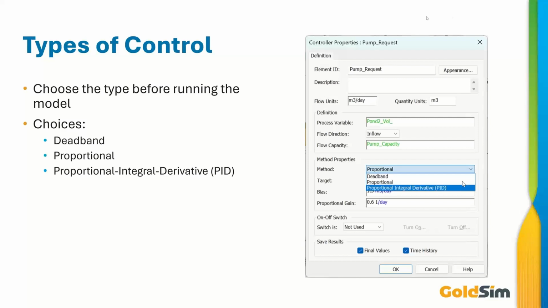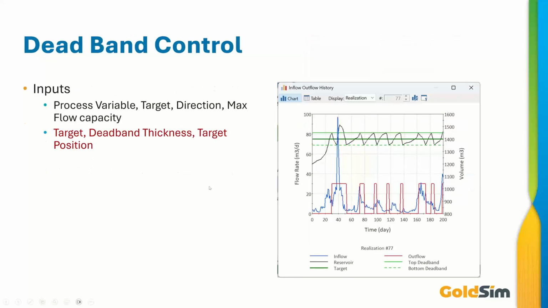GoldSim provides 3 types of control. These are selected here in the methods properties area of the element. The deadband controller is a type of flow control that is turning on and off with no other. It's essentially a binary output, and so you see its output looks like this, what's shown in this red line here.